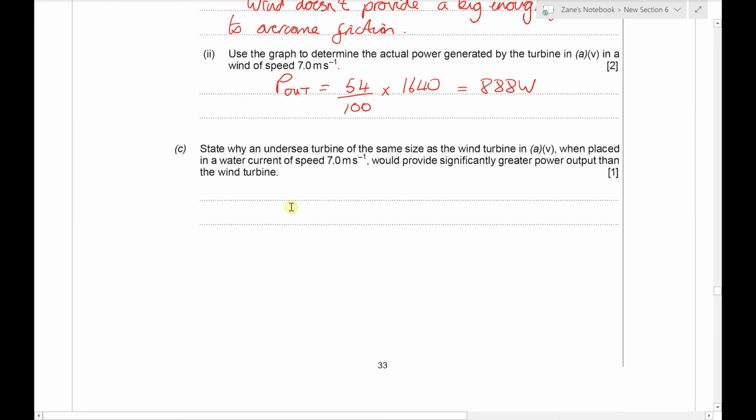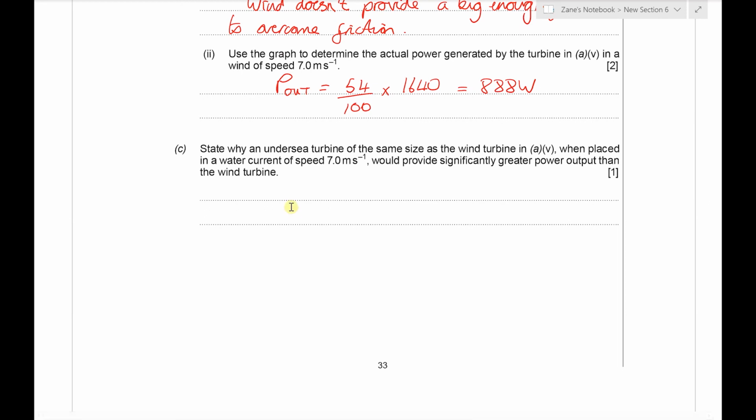Finally, the question asks us to state why an undersea turbine of the same size as the wind turbine in part 5, when placed in a water current of speed 7 meters per second, would provide significantly greater power output than the wind turbine. Well, if you remember in the formula, we've got that term with the density, and the density of water is close to 1,000 times bigger than the density of air.